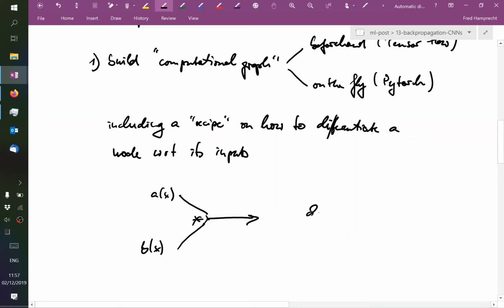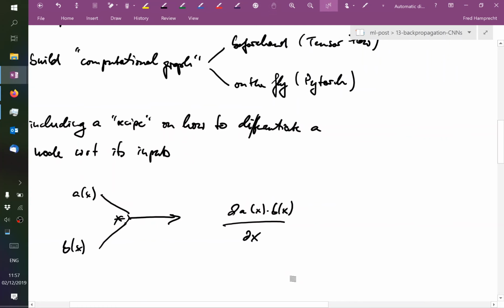So when I have d(A of x times B of x) by dx, let's say, then the product rule tells me that it's the sum.